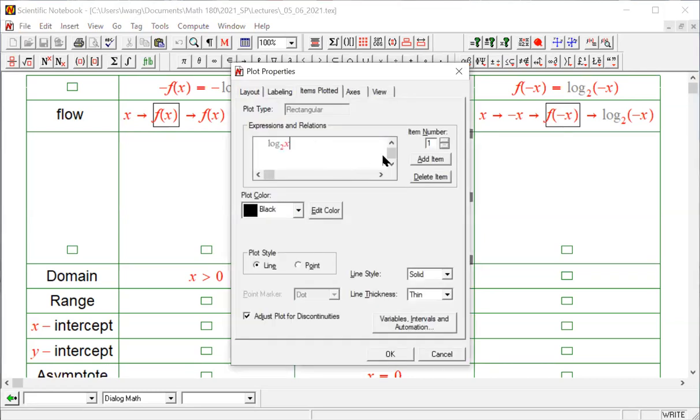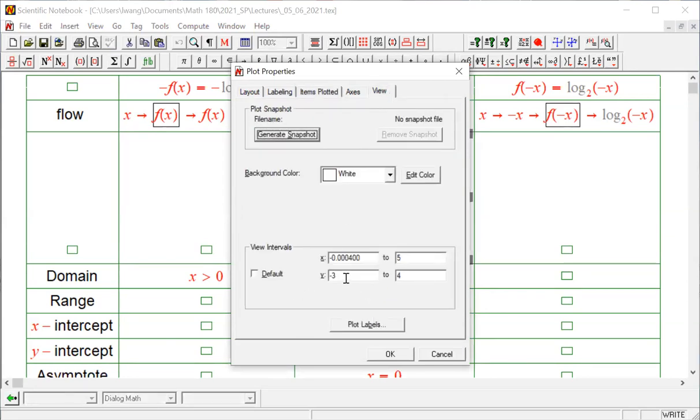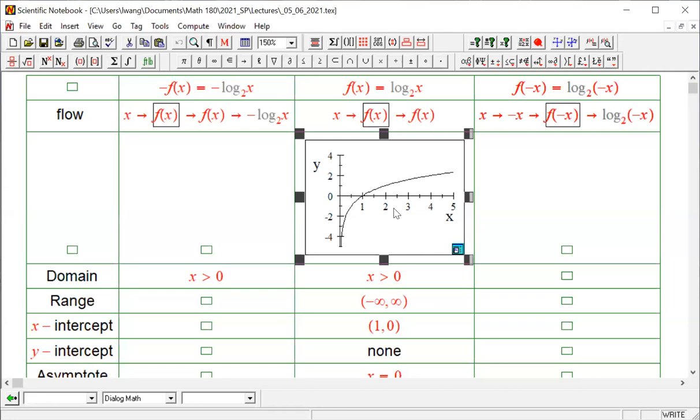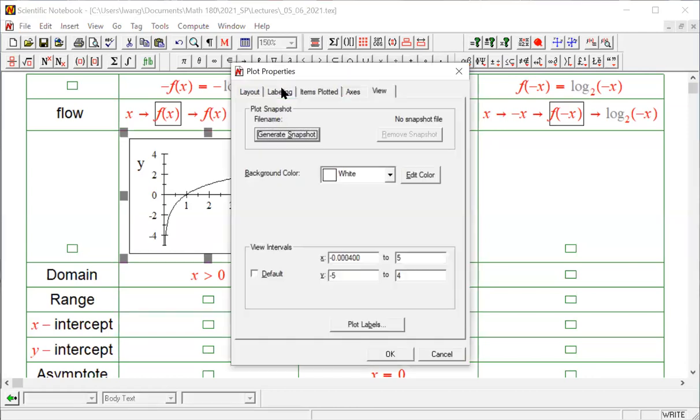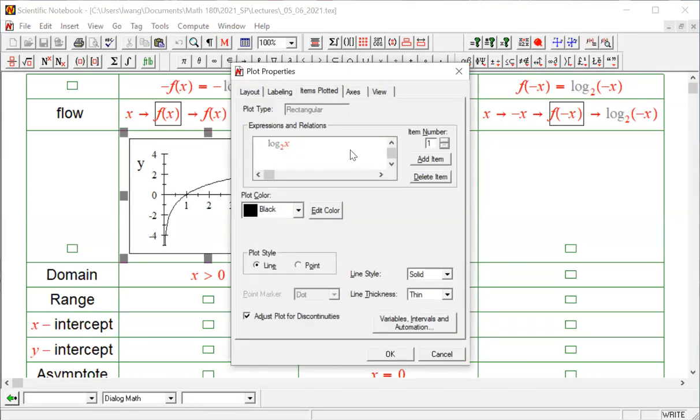Wonderful. Okay, so I'm going to make a little bit more space. All right, so this picture, I'm going to still put it here, and then on the same picture, we're going to graph the negative of this function.